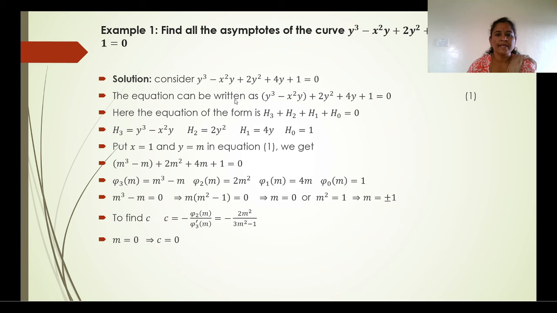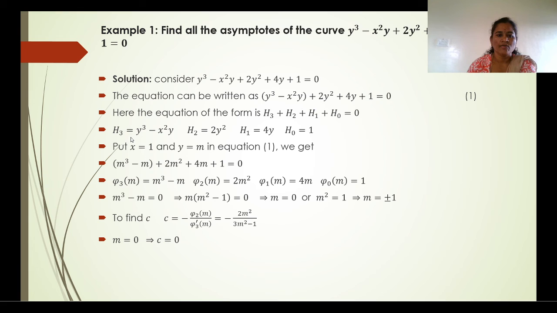The equation can be written by separating the degrees: y cube minus x square y is the third degree, plus 2y square is second degree, plus 4y first degree, plus a constant is equal to 0. Here the equation can be arranged in the form h3 plus h2 plus h1 plus h0 is equal to 0: degree 3, degree 2, degree 1 and constant.